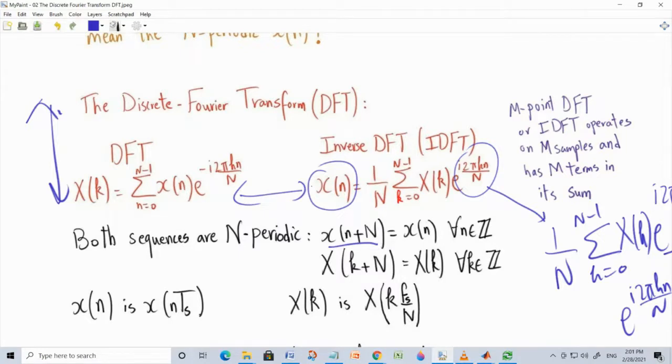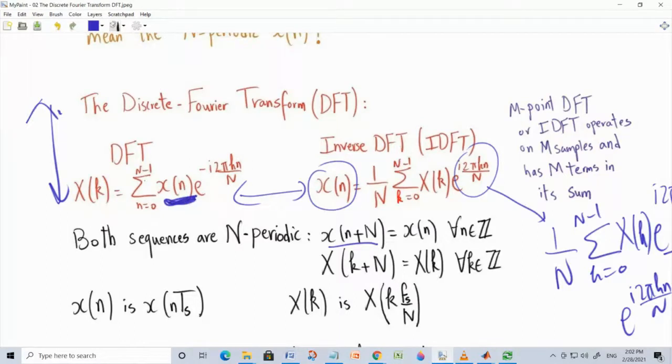suppose you have a signal that is time limited, defined just from 0 to big N minus 1. Once you take this signal and take its DFT, it's as if you are periodizing the signal. So the mathematical machinery of DFT and IDFT, even if your signal, you take N samples and insert them there.